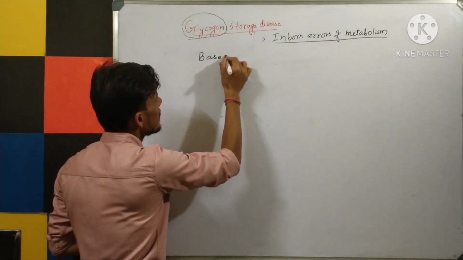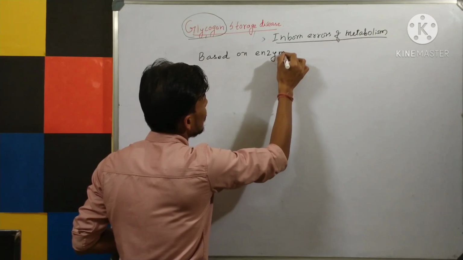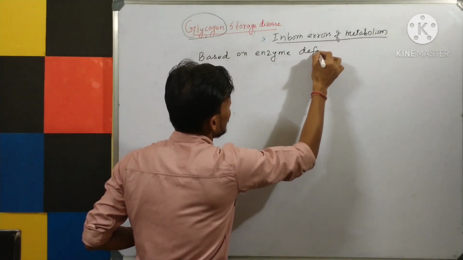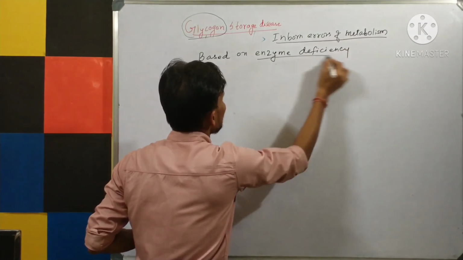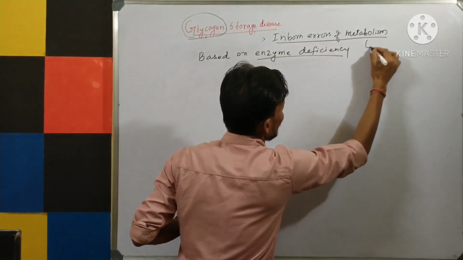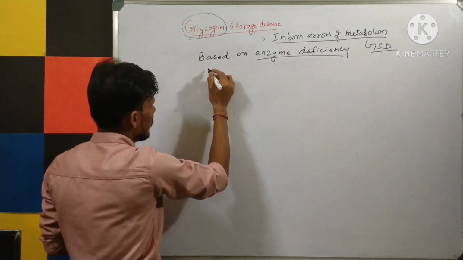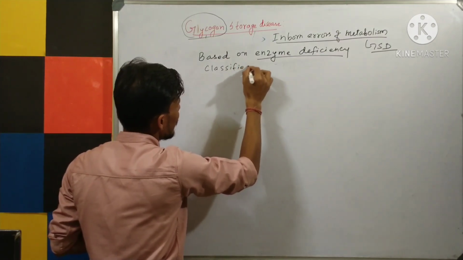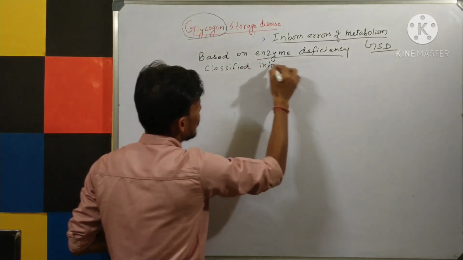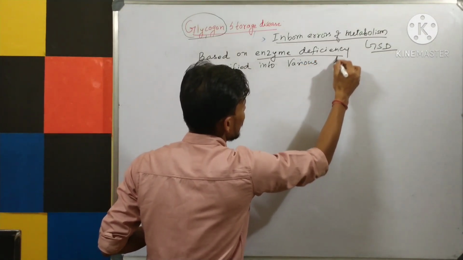So based on enzyme deficiency, the glycogen storage disease, we'll write in short form, is classified into different types, or various types.